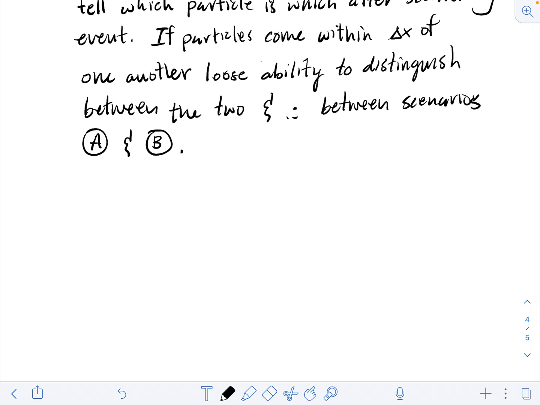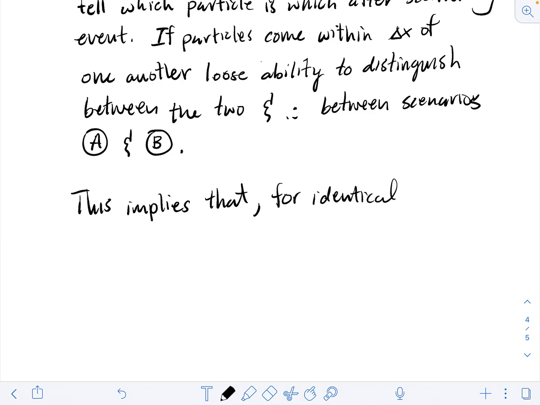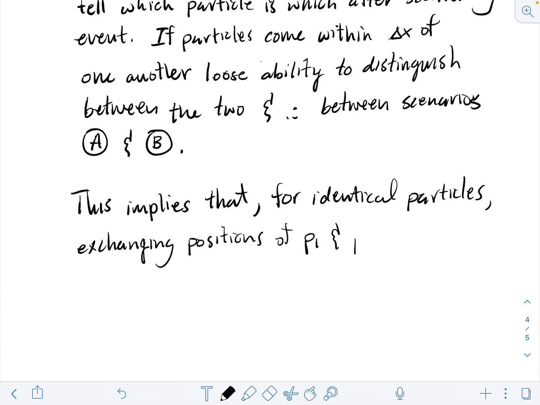So what this implies is that when we have identical particles, exchanging the positions of P1 and P2 leaves our system unchanged.